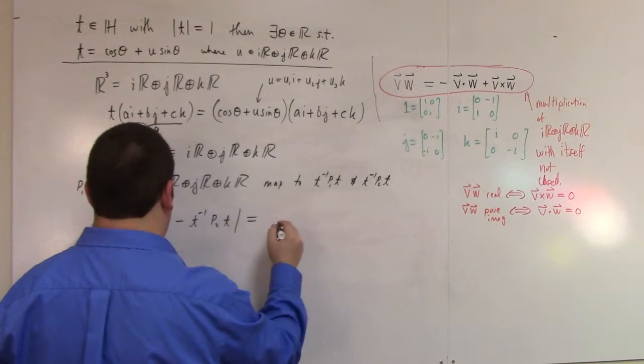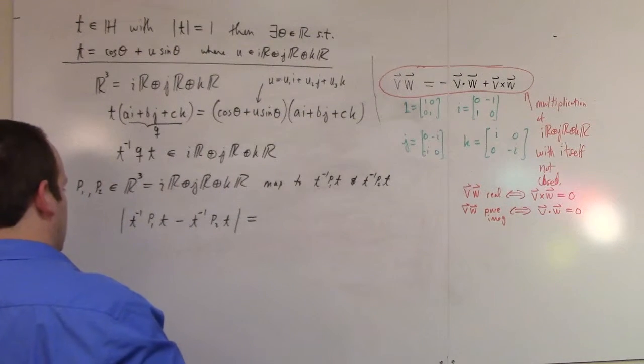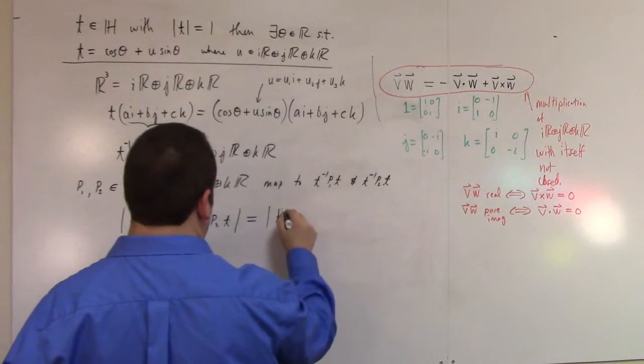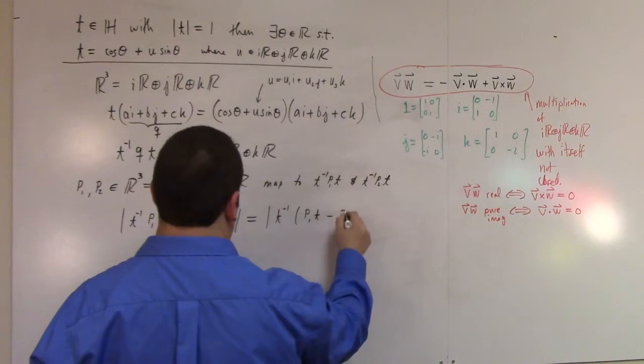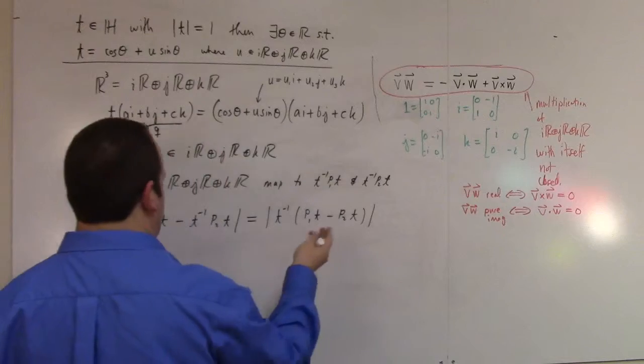Can you do that? Yeah, that's a good question. Can I factor? Well, I think I could factor, right? That's T inverse. Am I wrong? I think it's distributed. They are in the same order, yeah. That's just the distributive property, right?